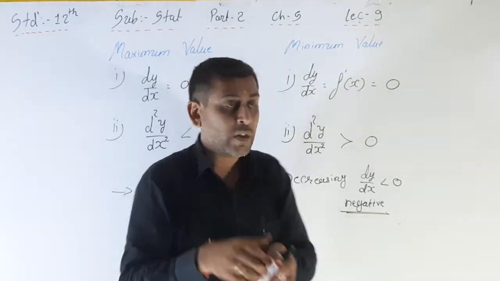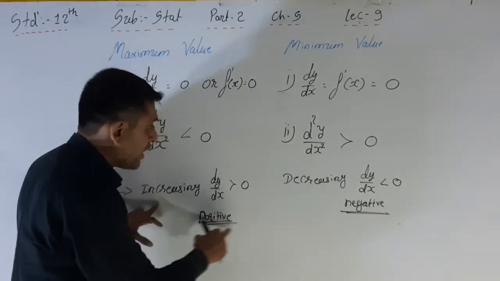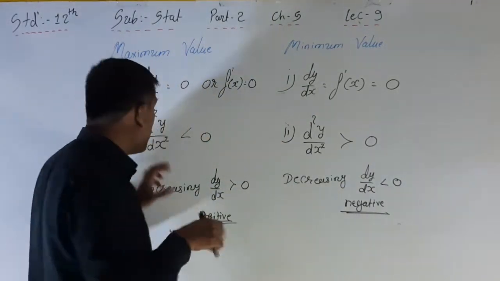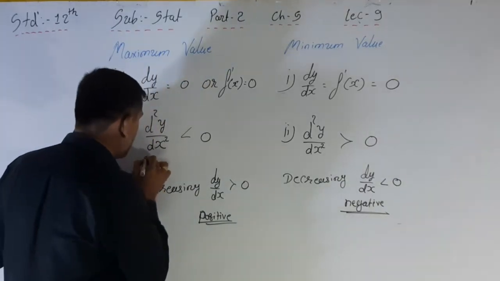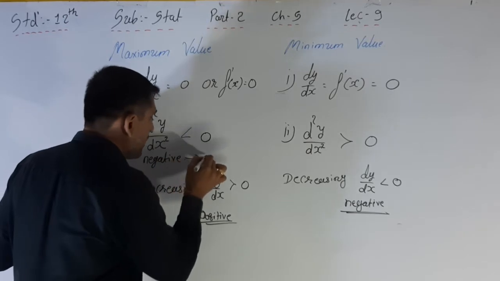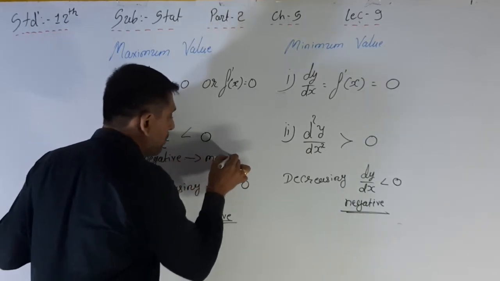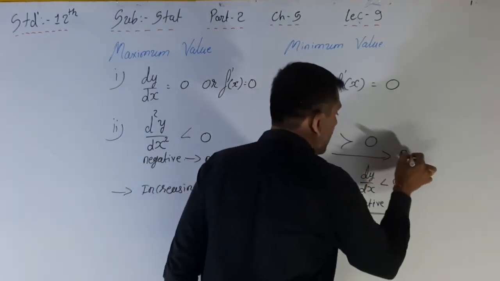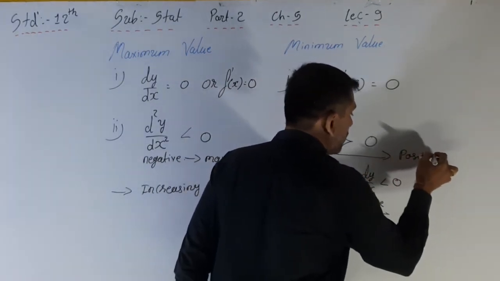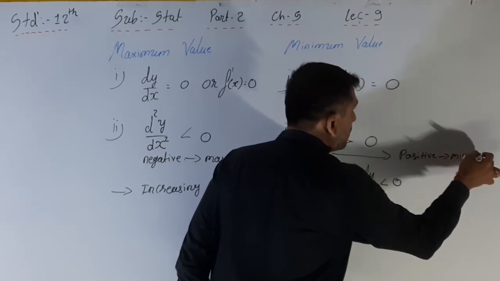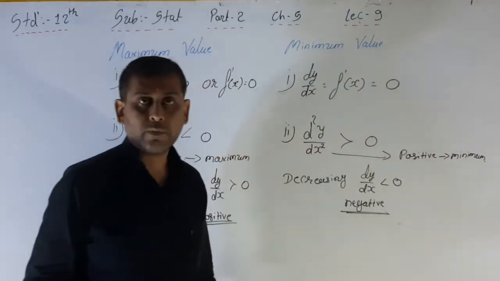See, opposite. Here positive increasing, negative decreasing; here the opposite. Here the answer is negative, but the function is maximum. Here the answer is positive, the function is minimum, right?